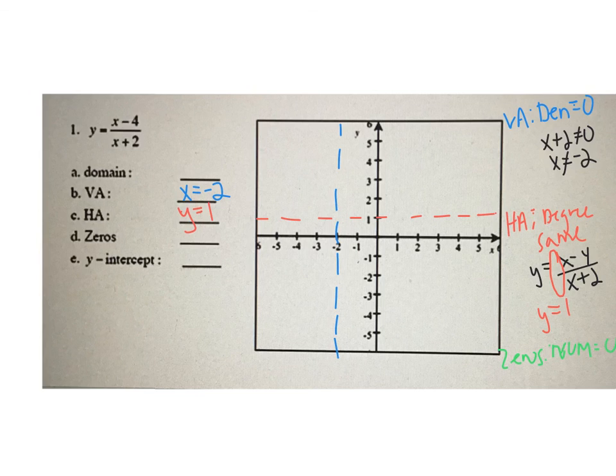So this would be 0 equals x minus 4, so x equals positive 4. So way over here at positive 4, I have a point that crosses the x-axis. Actually, we should write it like this: (4, 0).